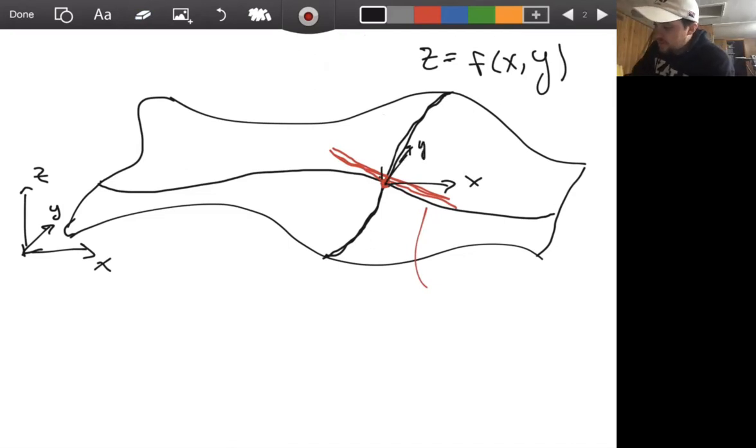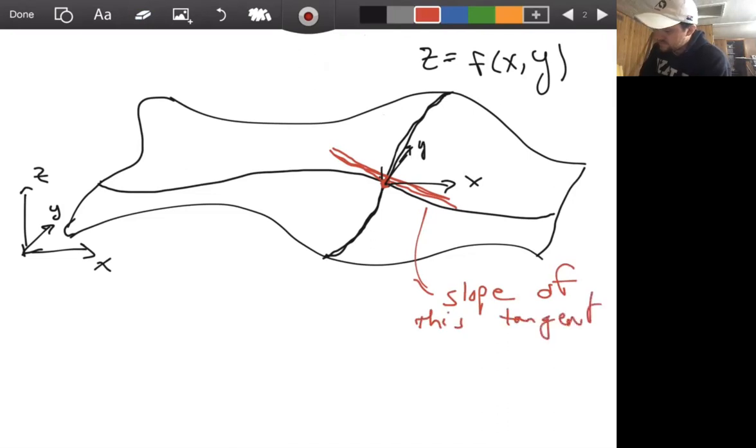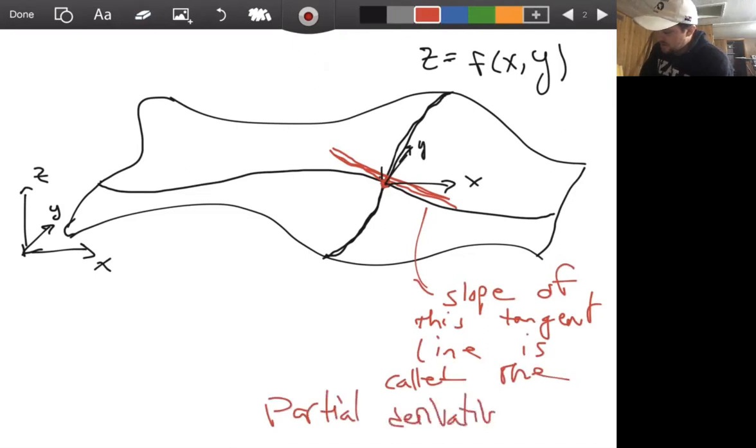And then what this slope here is, so the slope of this tangent line is called the partial derivative with respect to x. So that WRT there is the abbreviation for with respect to.